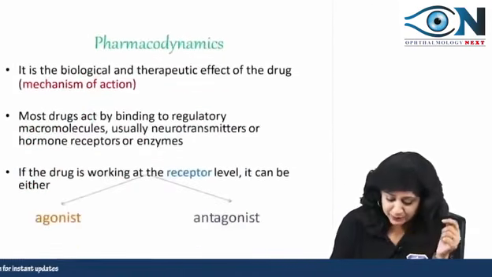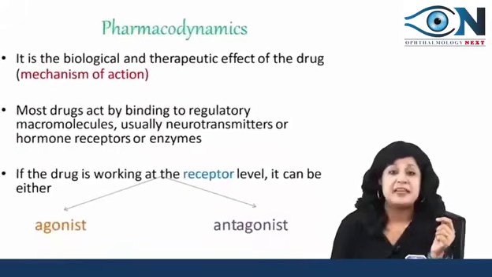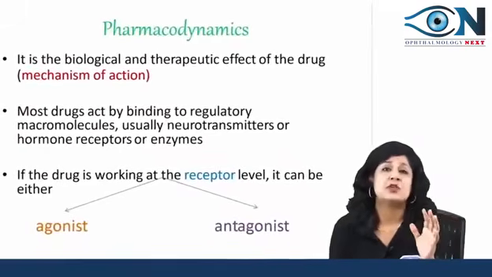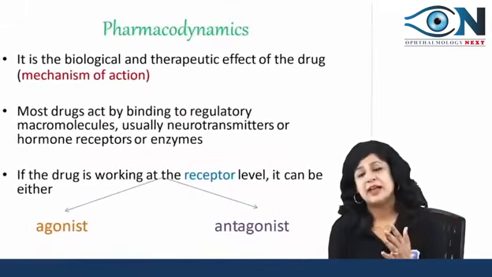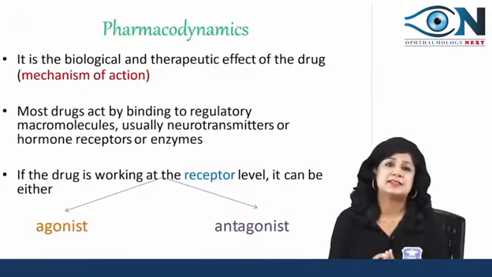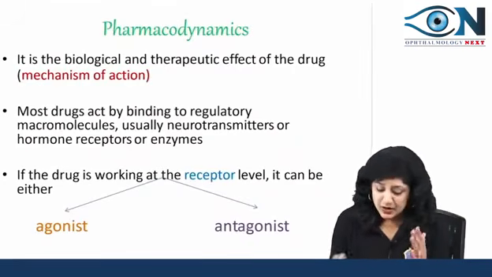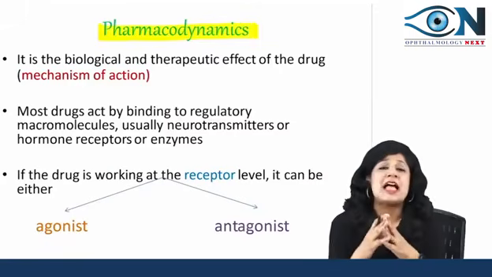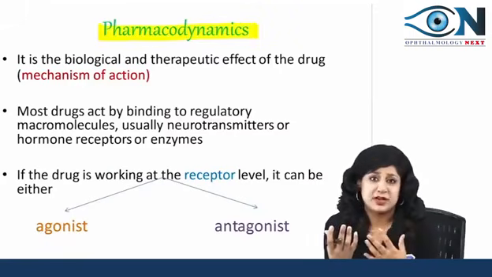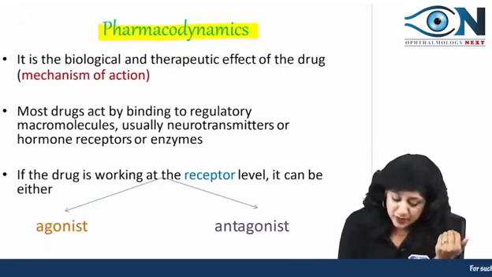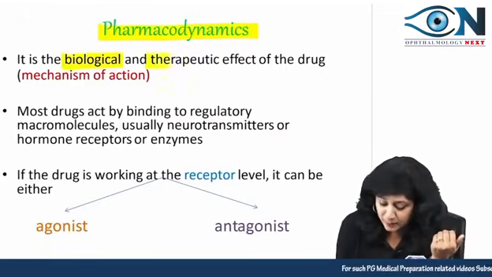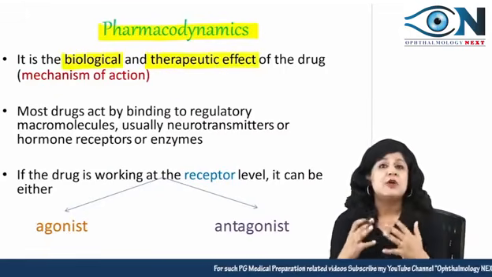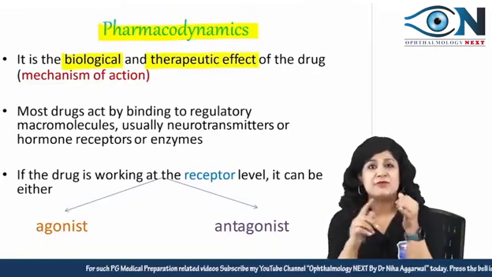Okay, so I'll first take the very basics. What is actually pharmacodynamics and pharmacokinetics? Let's revise our basics and then we'll move forward. Pharmacodynamics is actually the effect of the drug, the biological and therapeutic effect, how that drug is actually acting.